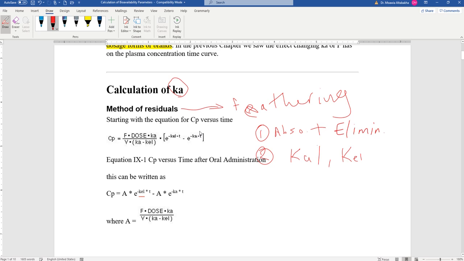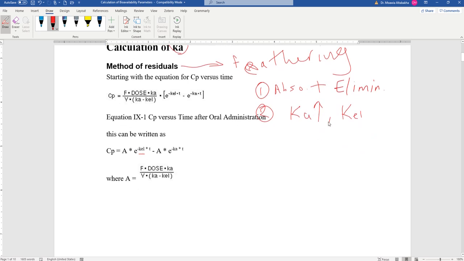To get accurate results, this rate constant must be at least 5 times the other. The higher it is, the more accurate your results will be. These are the two conditions.